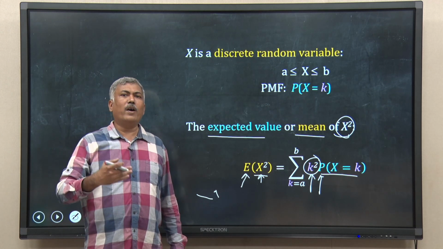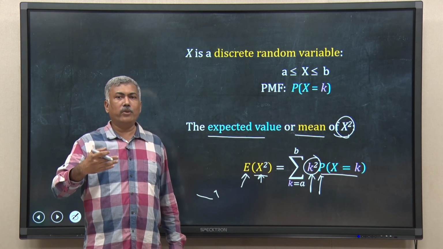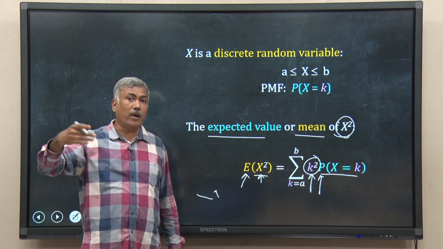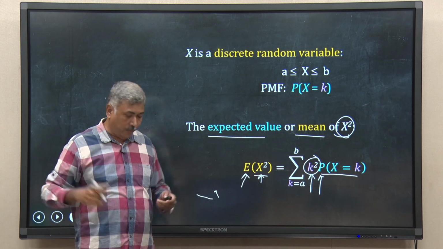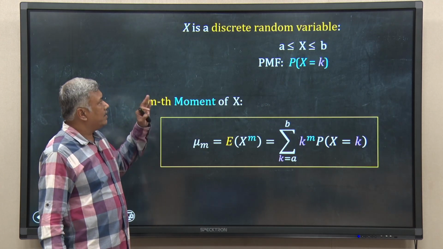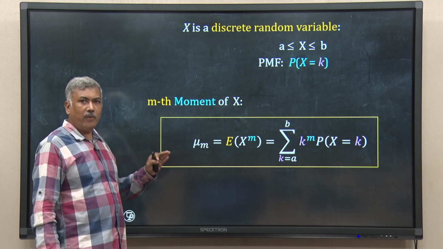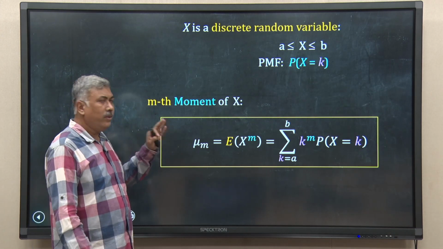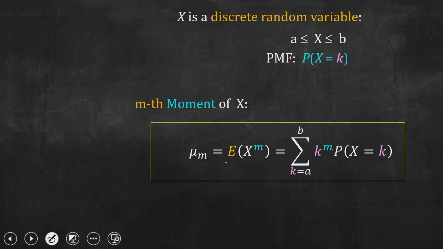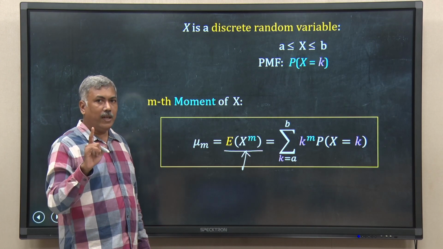Why do not I go further up? I mean, why do not I go to x cube, x to the power 4 and something like x to the power m, right, generalizing it broadly. So, what will I get? Again x is a discrete random variable varying from A to B, and I know the PMF. Then I can write that the expected value of x to the power m, we had done with x to the power 1, that is x, we have done with x square.